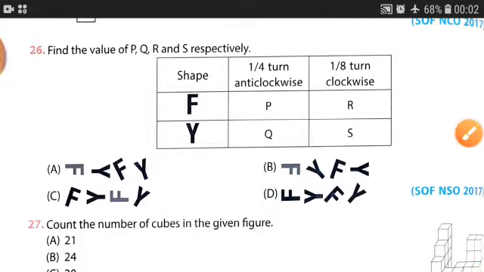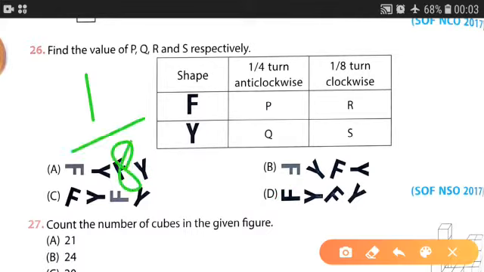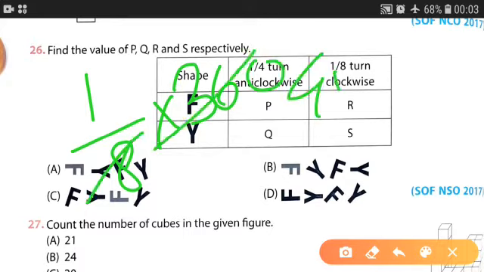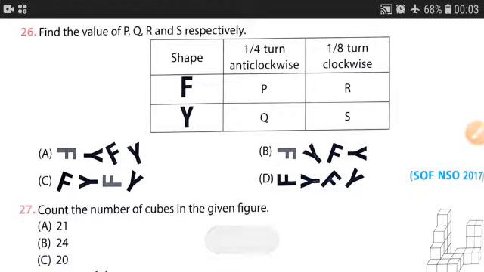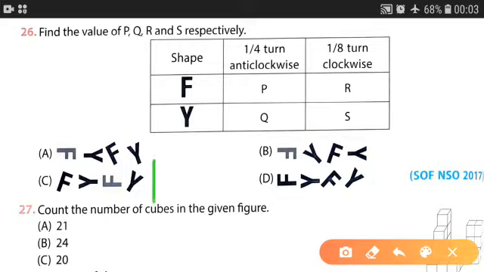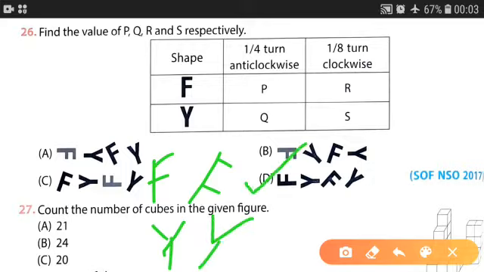Similarly, 1/8 will be 360 multiplied by 1/8, which is 45 degrees, in the clockwise direction. So F will become like this, and this Y will become like this. So the correct option for question number 26 is option D.